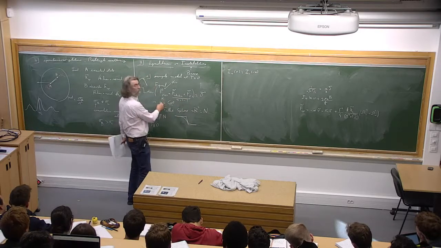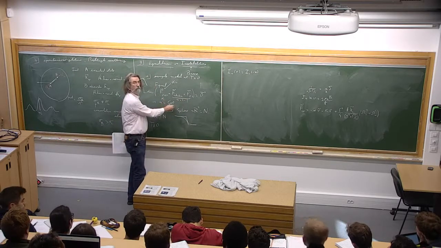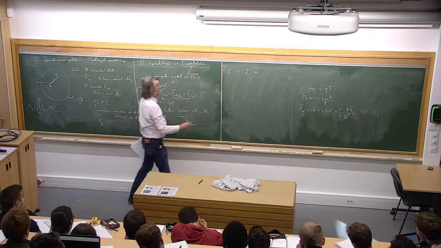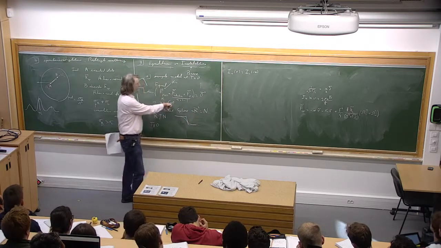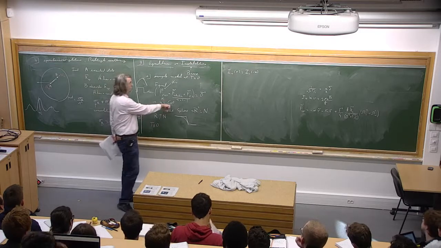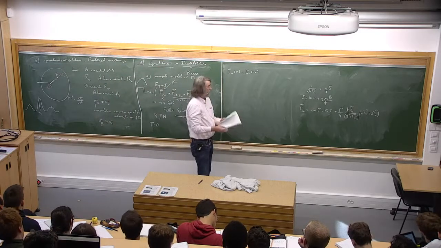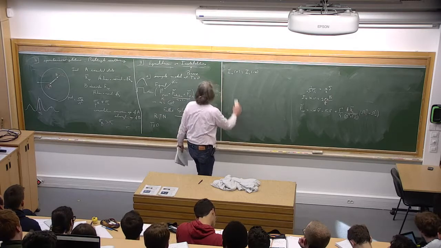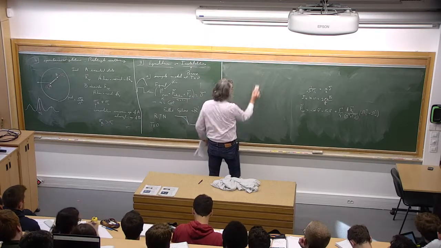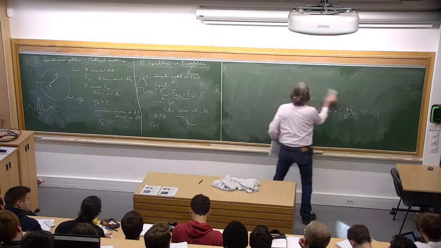And so you end up with n equal constant. So obviously, yes, you have made some assumptions to arrive at n equal constant, low absorption and so on, but it is not so difficult. Okay.